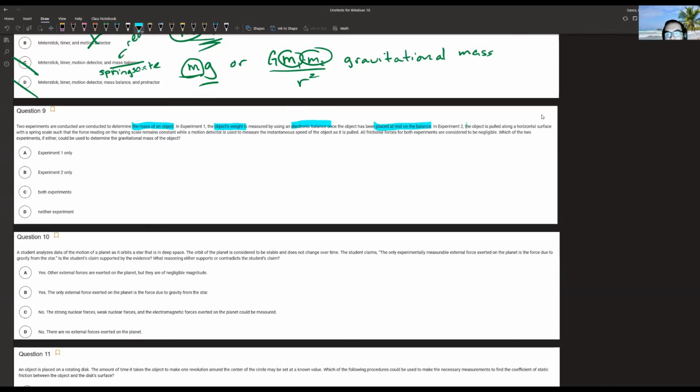In experiment 2, the object is pulled along a horizontal surface with a spring scale such that the reading on the spring scale remains constant, while a motion detector is used to measure the instantaneous speed of the object as it is pulled. That is a very lengthy question. All frictional forces in both experiments are considered to be negligible. Which of the two experiments, if either, could be used to determine the gravitational mass of the object?